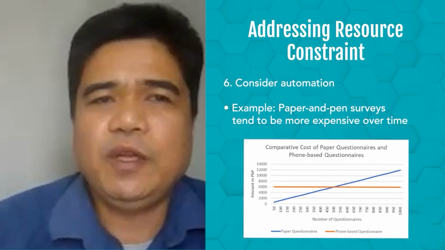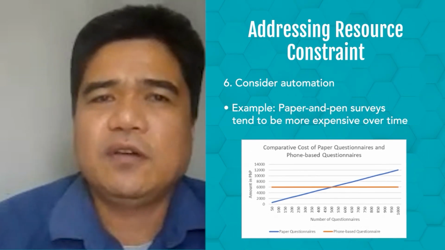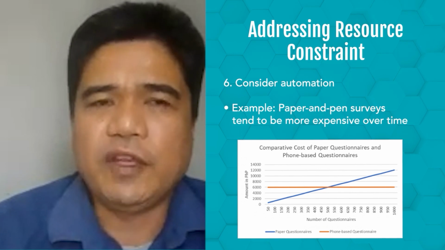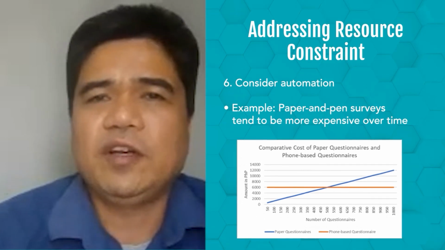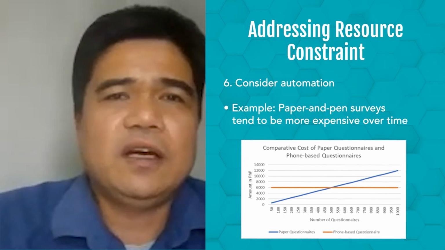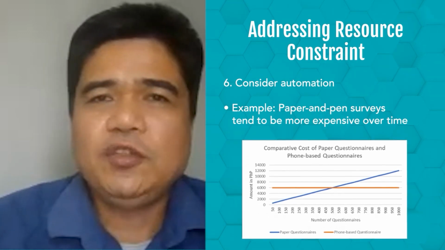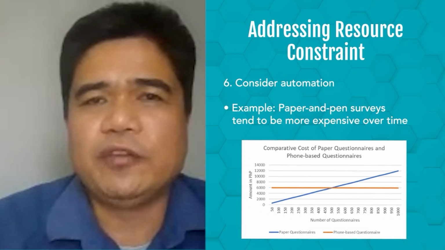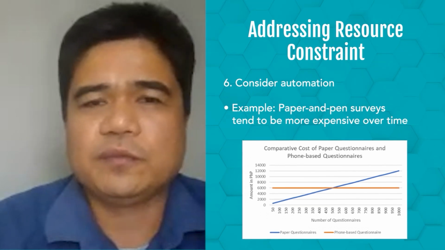In the Philippine Statistics Authority surveys, particularly in their census of population, the ratio of the supervisor to enumerators is usually 1 to 5.